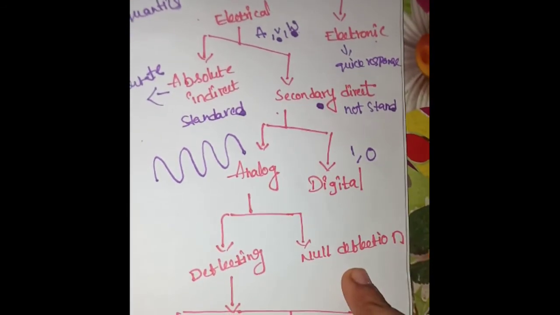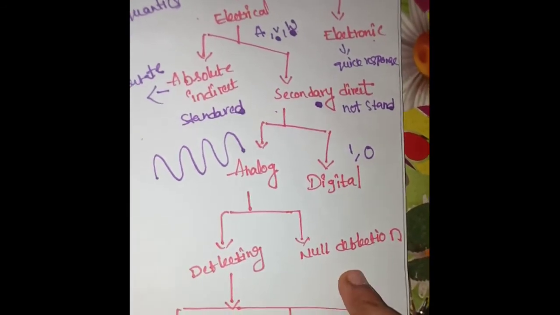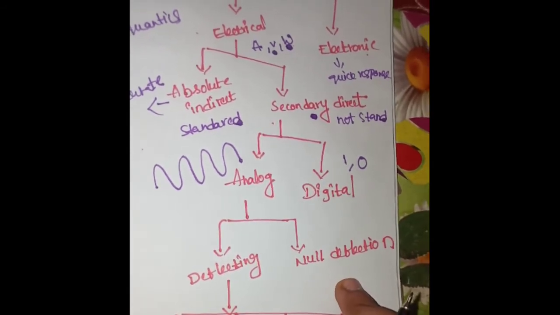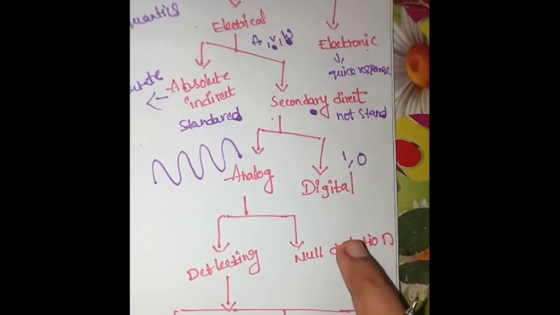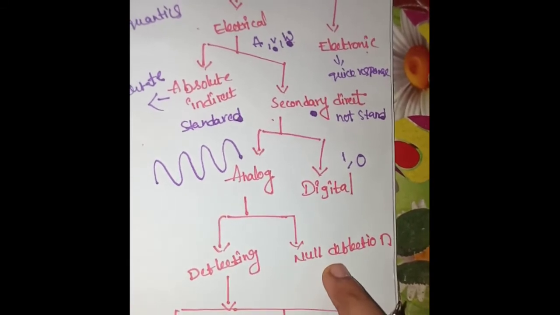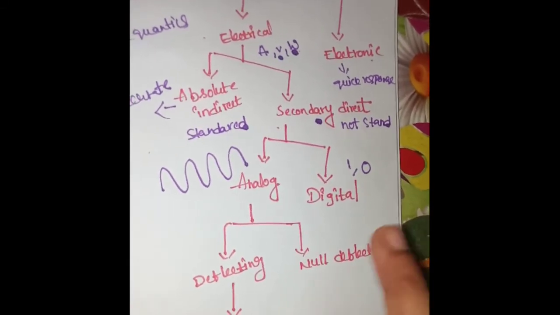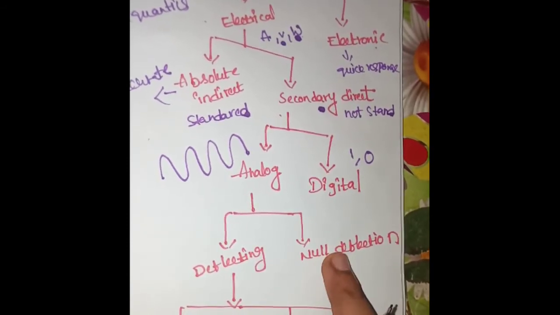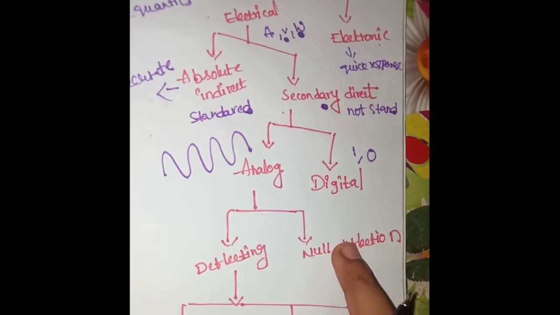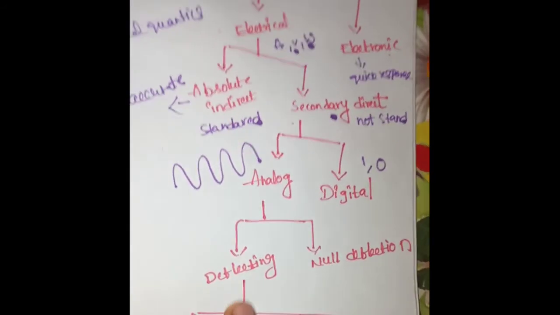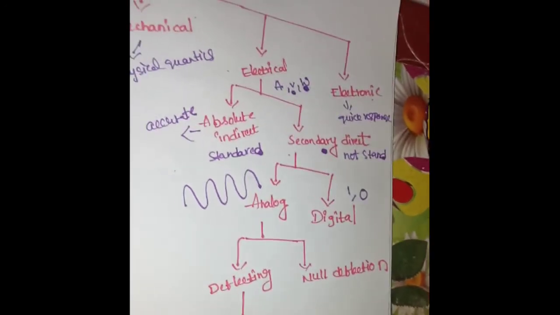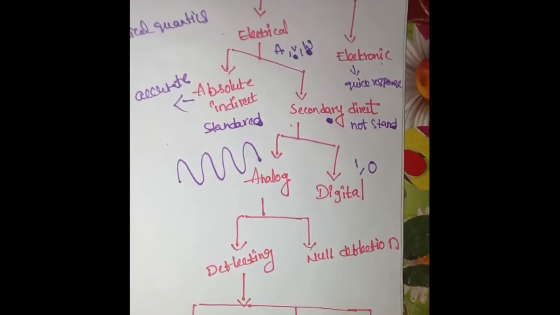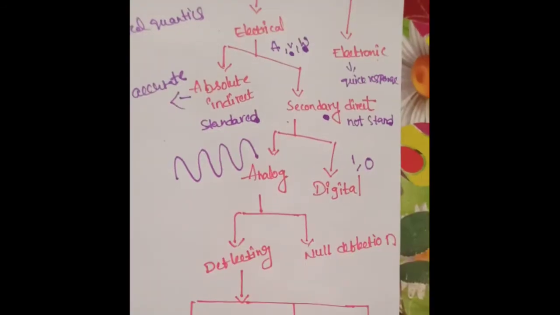Coming to the null deflection, this instrument indicates zero or null deflection. So this is known as a null type instrument. Here in null deflection, one quantity is known and another one is unknown. This deflection type is again classified into three categories: indicating instruments, integrating instruments, and recording instruments.